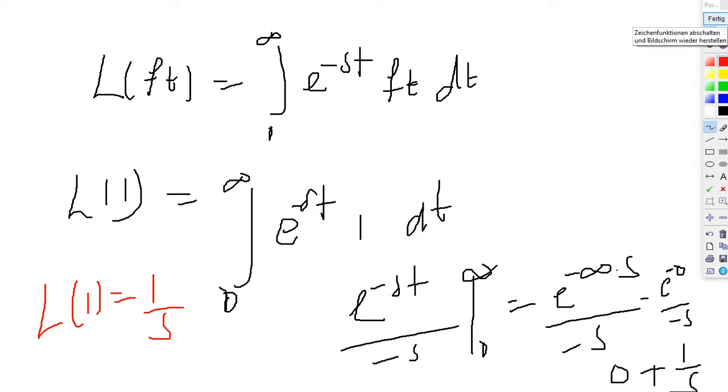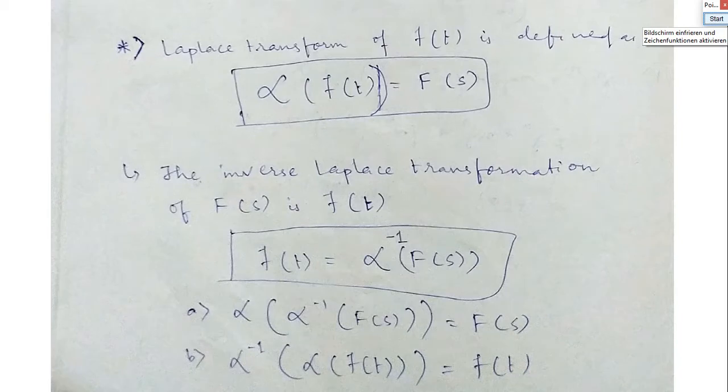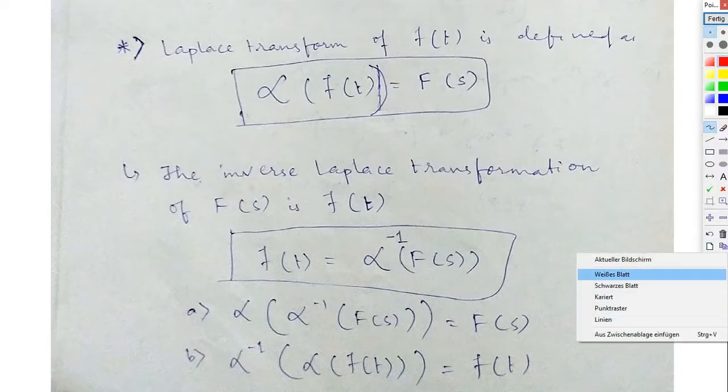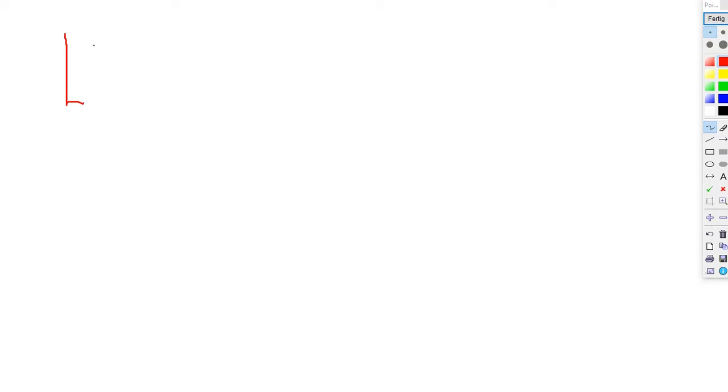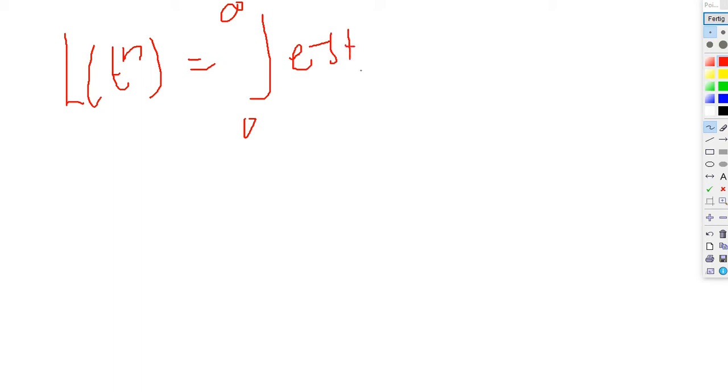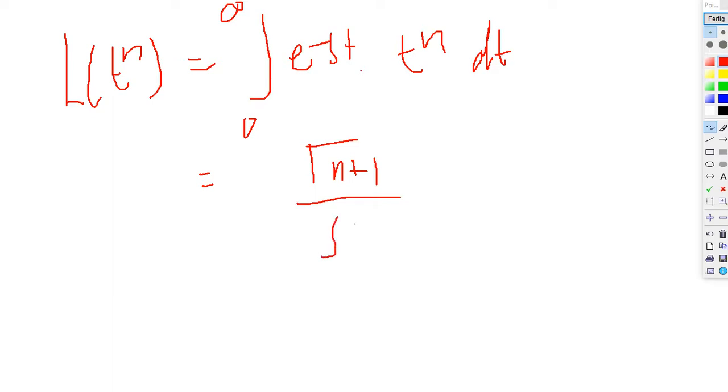Likewise, we have different types of formulas. Let's discuss some of them. The Laplace of t to the power n, where n is any number, equals the integral from 0 to infinity of e to the power minus st times t to the power n dt. This is simple and important, so we will write it directly as a relation: gamma of n plus 1 divided by s to the power n plus 1, where n plus 1 must be greater than 0.